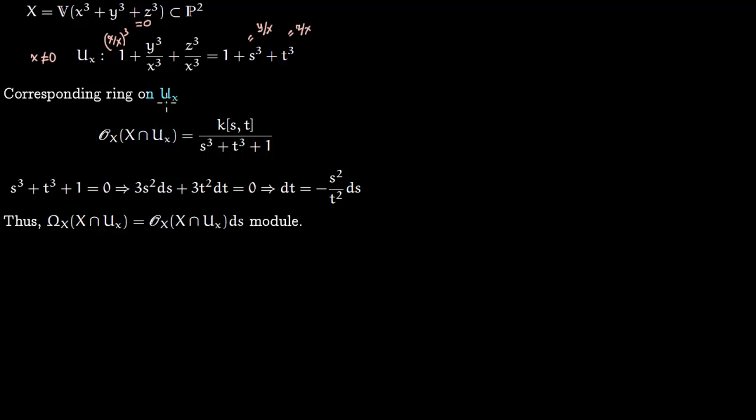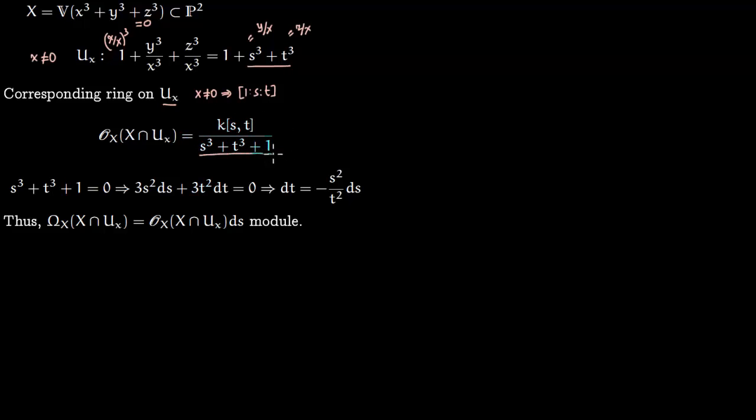So the corresponding ring on U_x is k[s,t] modulo this generating function. Obviously this is k[s,t] because U_x means x not equal to 0, so you land up in the affine plane generated by s and t. So this is nothing but 1 : s : t. So therefore you have this ring.